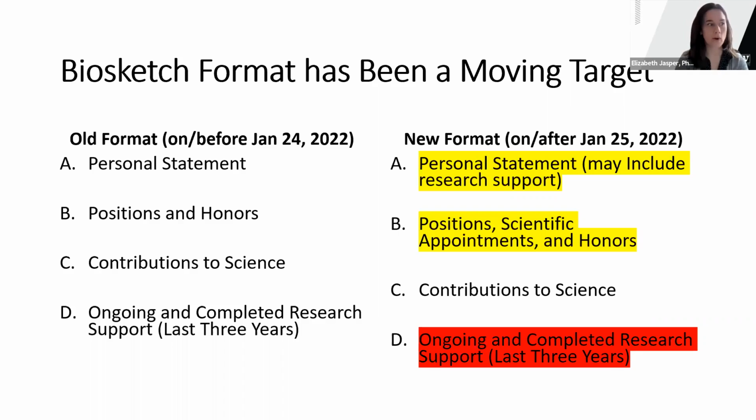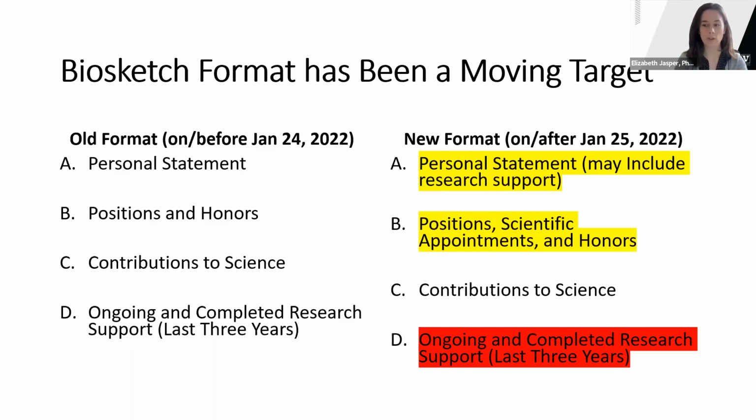So like I said, the format changed earlier this year, back in January. The old format for non-fellowships is what is on screen. Non-fellowship grants is listed again on the left side and the new on the right. So changes or updates of the biosketch that we're using now, which started in January, include section B is now changed from position and honors to position, scientific appointment and honors.